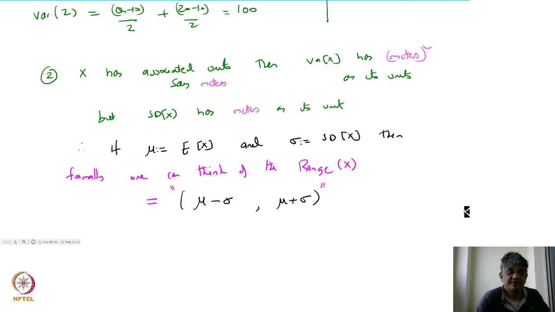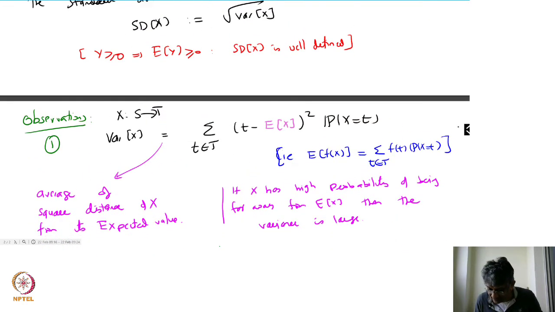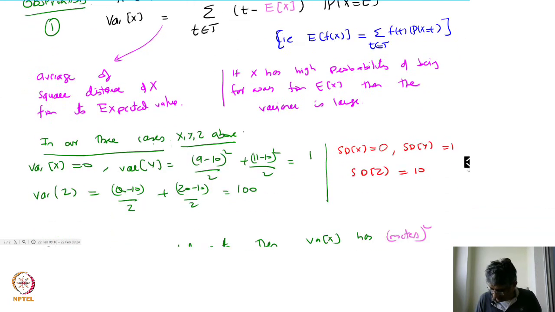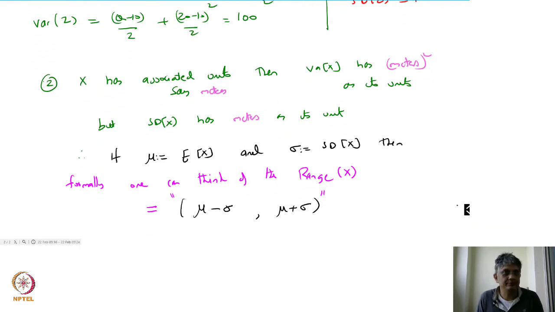The squared deviation is used because squaring penalizes large distances far better than the absolute value. And if you want to use the absolute value as a measure of spread, then E of x is not the right quantity. Of course, this is a broad idea of what the range is trying to do.